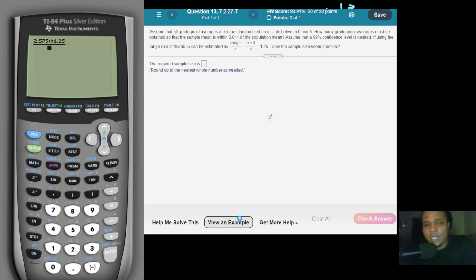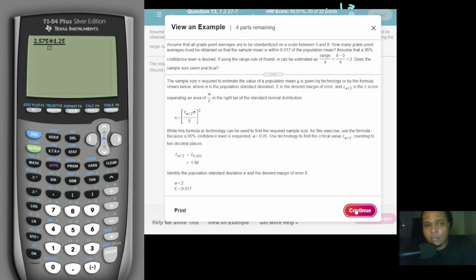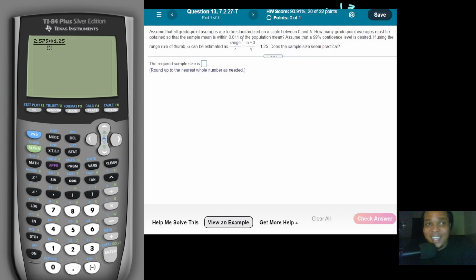Let's go to view an example and see if they're giving us the margin of error in that form. Identify the population standard deviation in the design. Okay, this is 0.017. Where'd they get that from? Oh, wait. It's here. It was just hiding in there. 0.011.